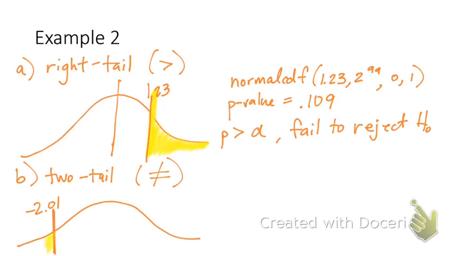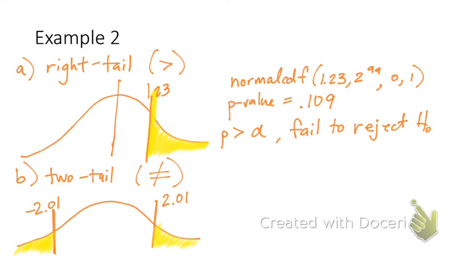But since it's a two-tail, it's the area to the outside here, and I add in positive 2.01, the area to the right here. Because it's both of them, like the mirror image.